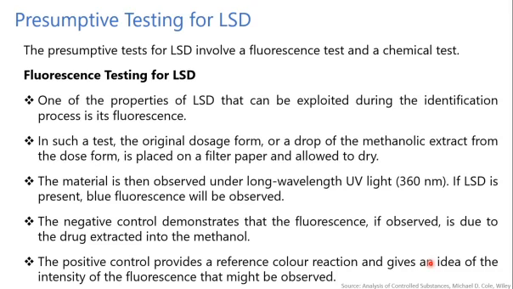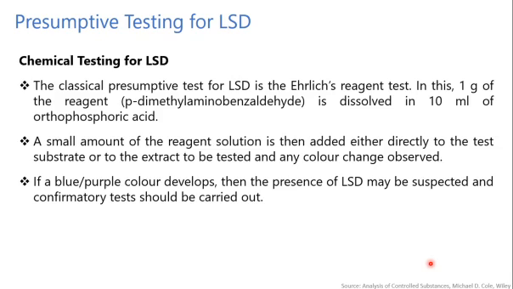The negative control demonstrates that the fluorescence observed is due to the drug extracted into the methanol. The positive control provides the reference color reaction and gives an idea of the intensity of the fluorescence that might be observed. So this is the fluorescence testing of the LSD.